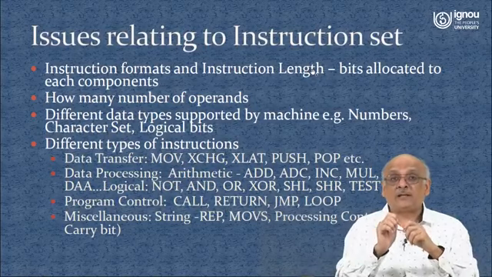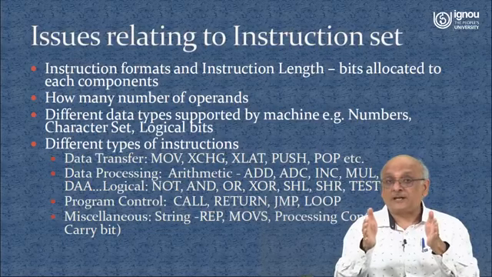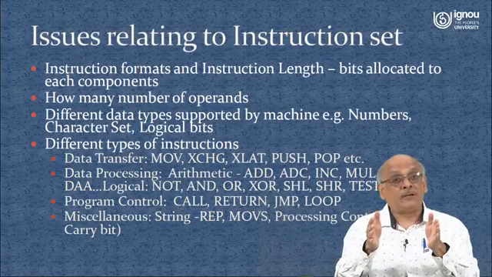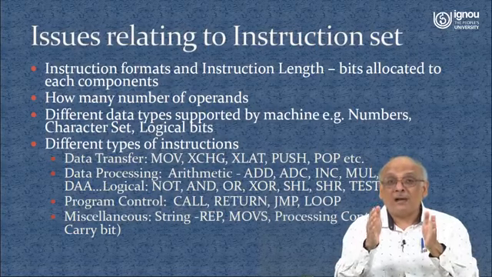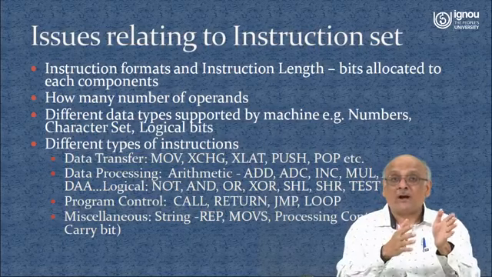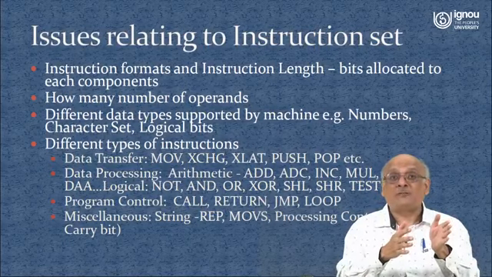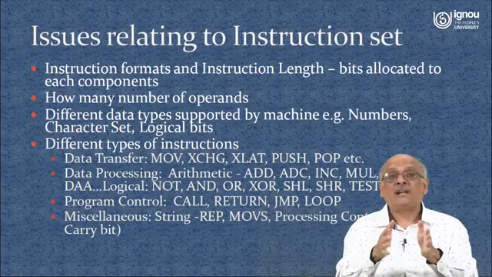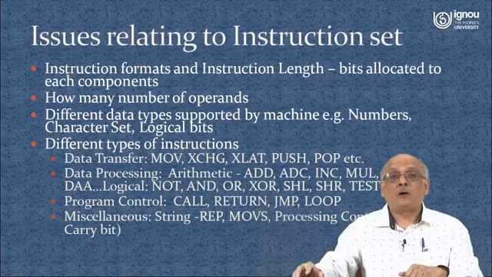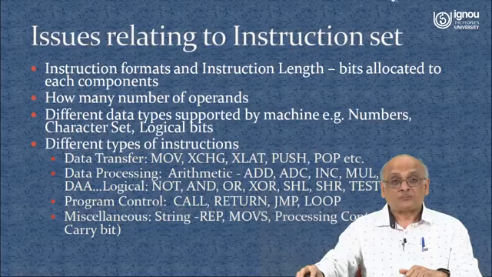Remember one particular thing: length of instruction is in bits, and bits are at a premium in any processor. So instruction set designers have to ensure that all the operations which are important for a machine are part of the machine instruction set. Otherwise, the machine will require a longer time to execute a program. I'll explain this concept a little bit later also.